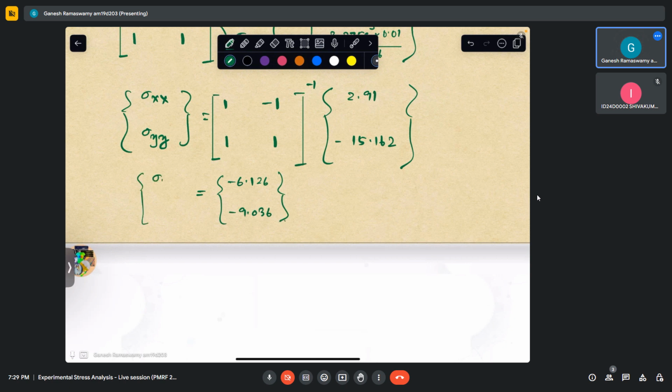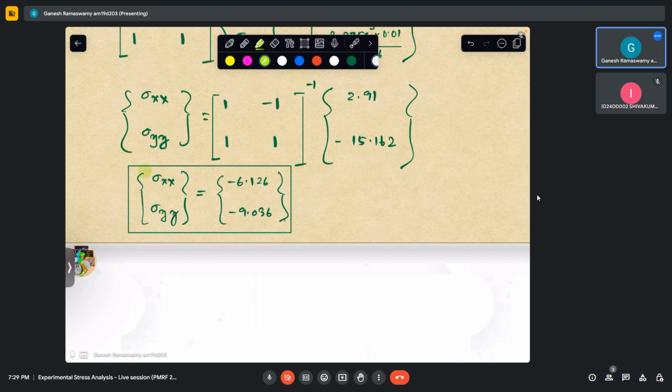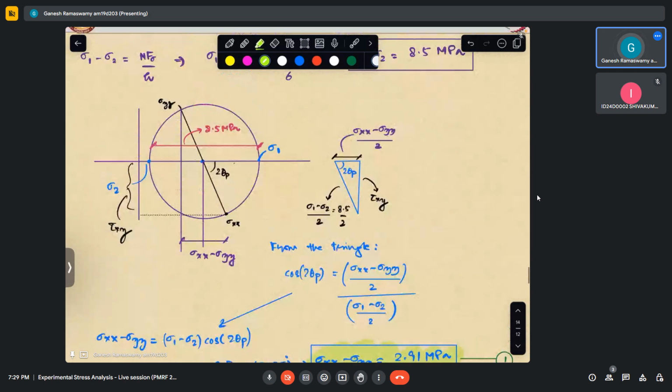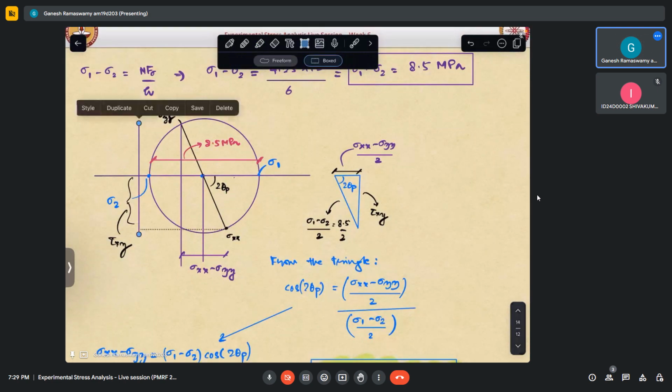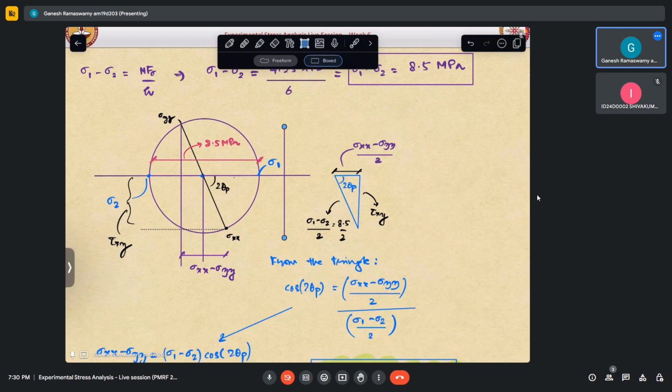So in fact our assumption initially was that both are positive. However, we are able to see that that doesn't hold good. In fact, both are compressive in nature. So since both are compressive, ideally my axis should be somewhere over here, so that this sigma x is minus 6 and this sigma y is minus 9.